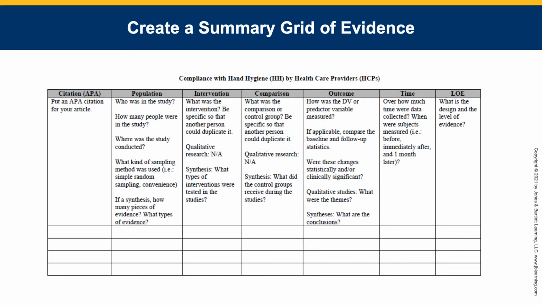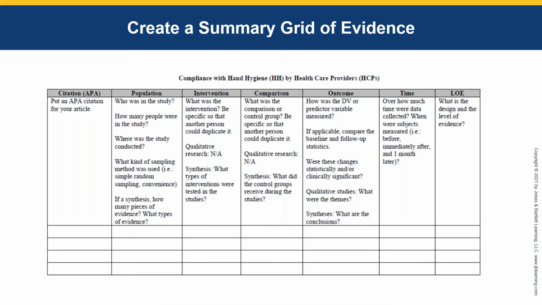Okay, so then they need to analyze the evidence, and you're all familiar with this type of grid. I give them cues at the top about how much information should go in each column. I want you to notice that I've adapted this. Instead of having design, sample, measurement, and so on, I've used PICO to head the columns: population, intervention, comparison, outcome, time, and level of evidence.